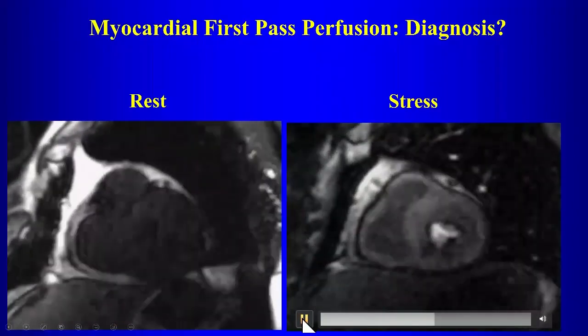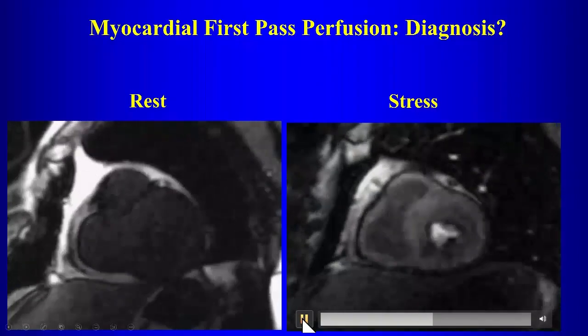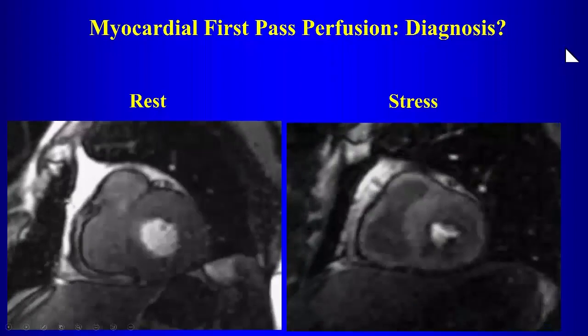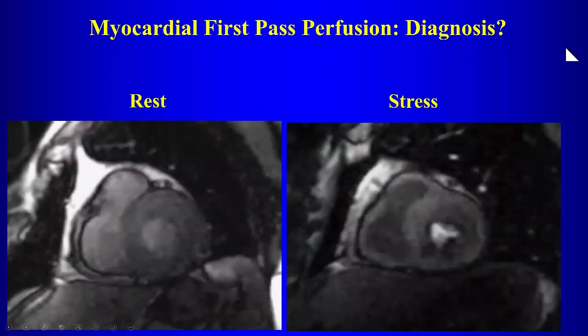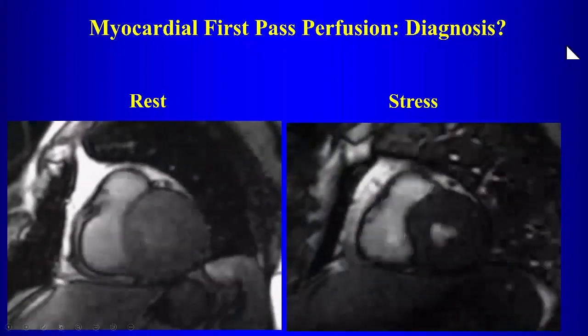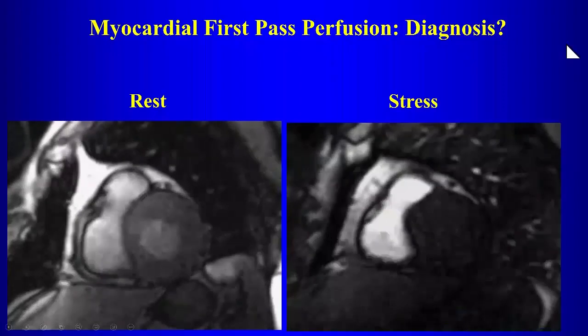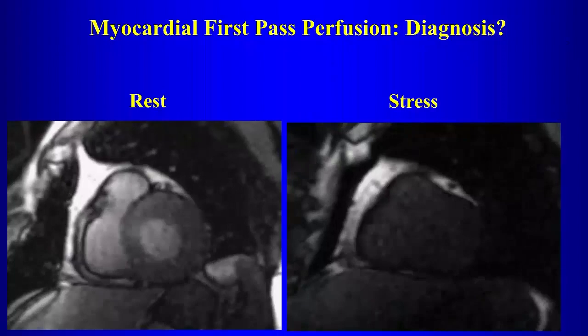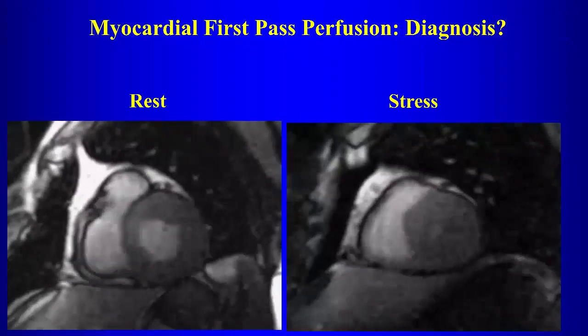Here we're looking at rest and stress. So what do we see that's abnormal here? It's like lack of enhancement in the left ventricle. So is there a reversible perfusion defect?